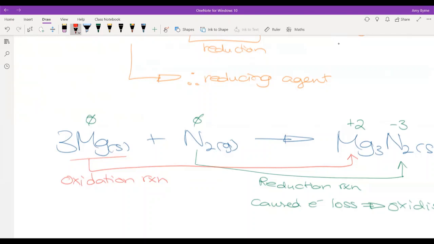Because its oxidation state has increased, it's gone from 0 to +2, so its oxidation state has increased. So it has caused electron gain, which is what we call a reducing agent.